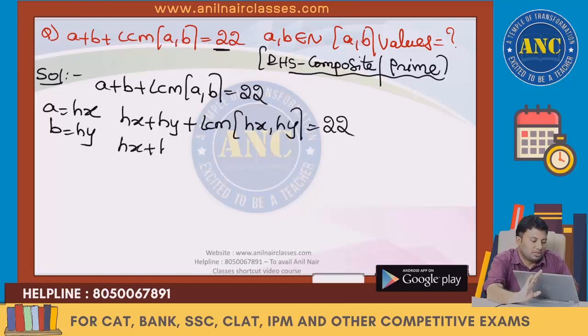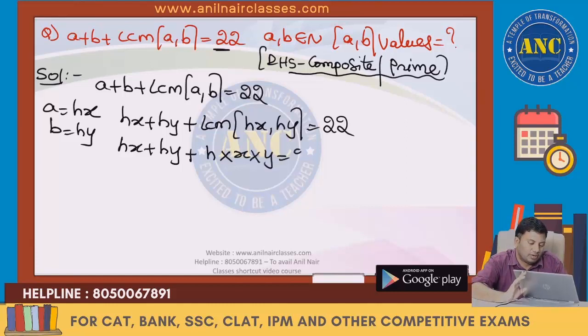H is the HCF of the numbers, X and Y are coprime. So H into X plus Y plus XY equivalent to 22.